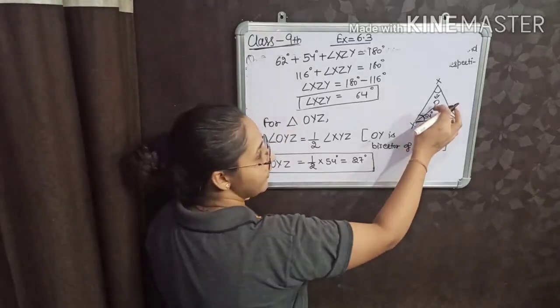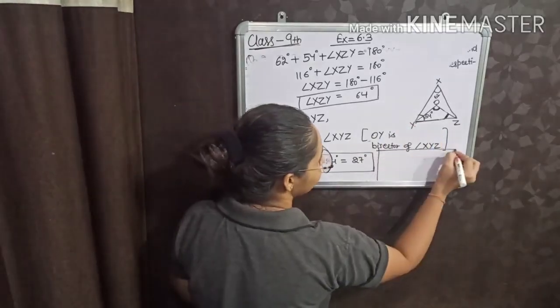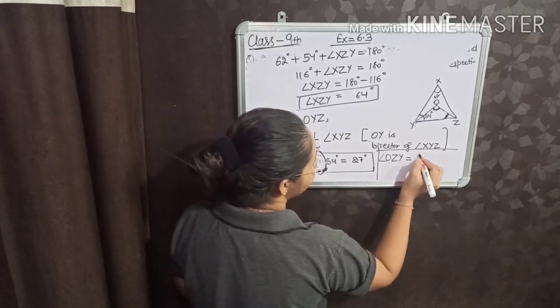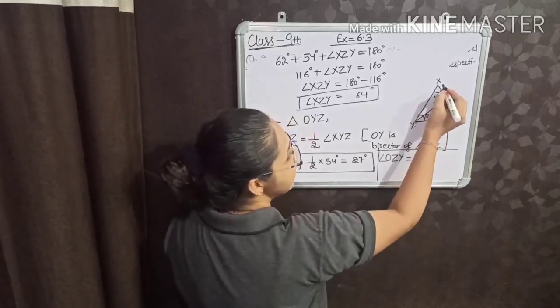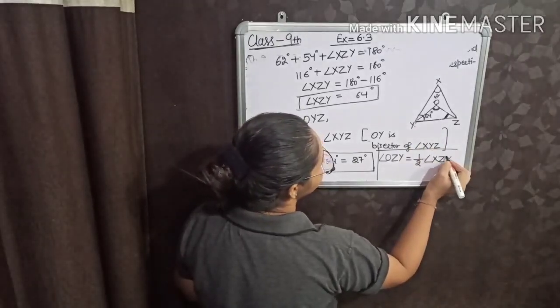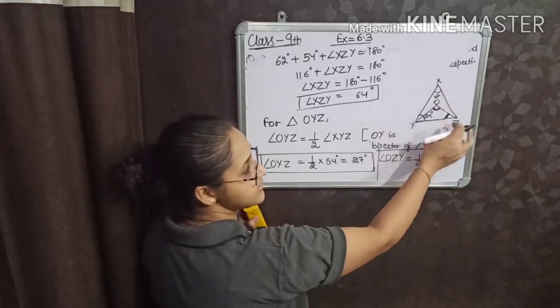Similarly, you can find angle OZY. OZY will be 1 by 2 of angle XZY, because reason is same that OZ is bisector of angle XZY.